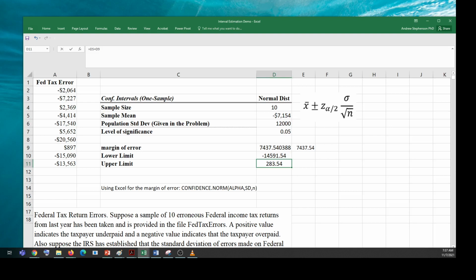And our upper limit is going to be the same point estimate plus the margin of error, so that we have this. And we'll state this as the 95% confidence interval is negative 14,591 to positive 283. So there we have it.